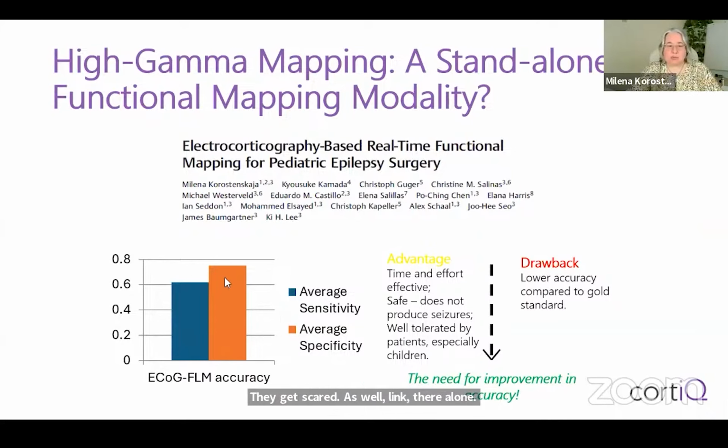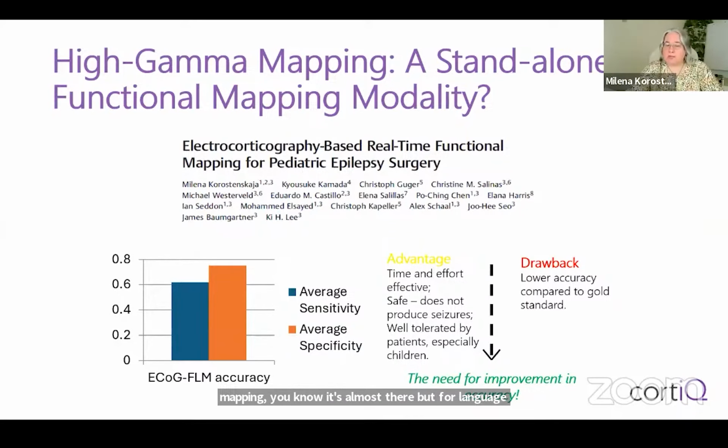However, the drawback is accuracy. If you compare with the gold standard, cortical stimulation, it is still not really there. It's much better for the motor modality. For motor mapping, it's almost there, but for language, it's not that great yet.